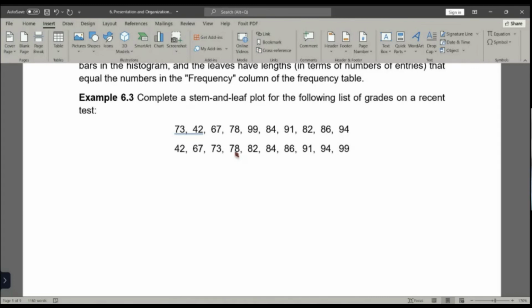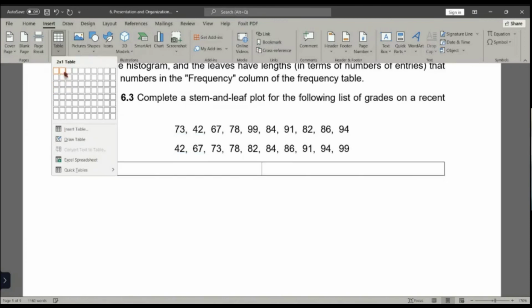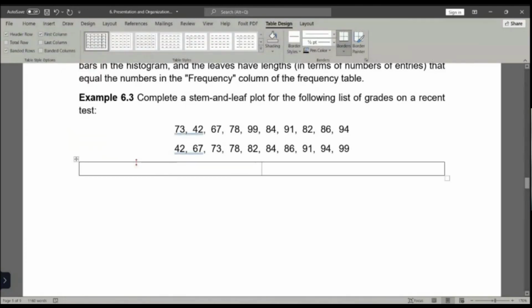Okay. So the range is 42 to 99. We may now draw a stem and leaf plot. Stem. Then we have the leaf.